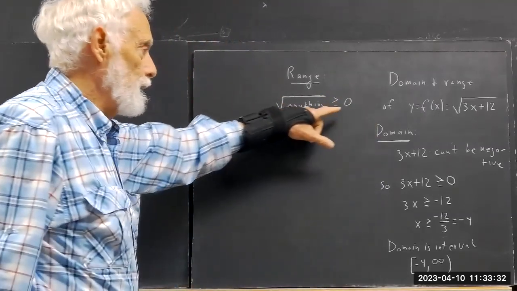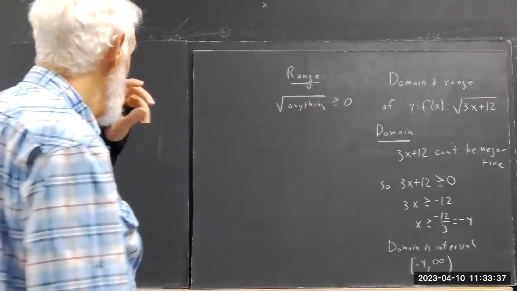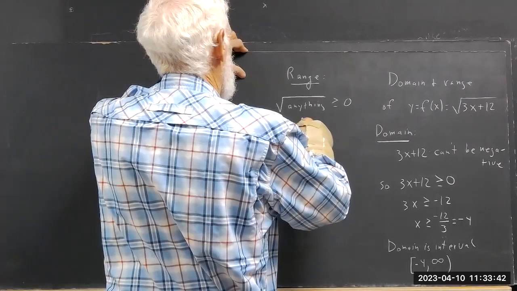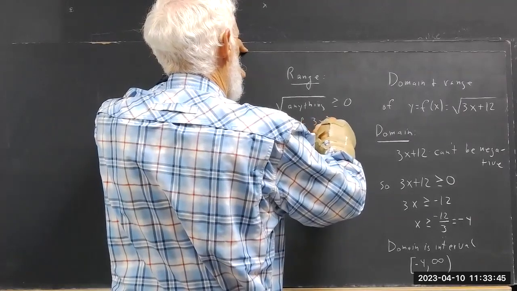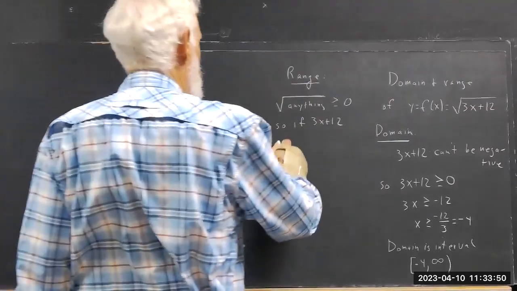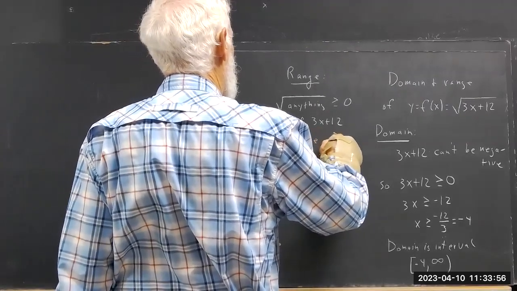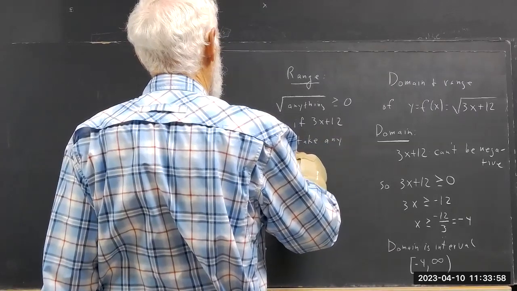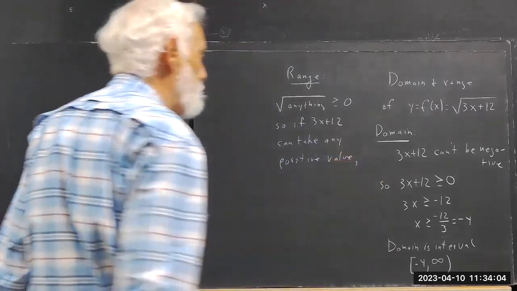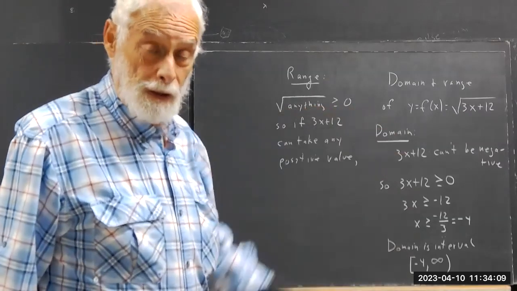So the square root of anything is greater than or equal to 0. So if 3x plus 12 takes any positive value, it's going to follow that the square root takes any positive value.